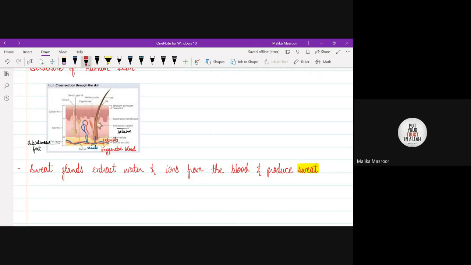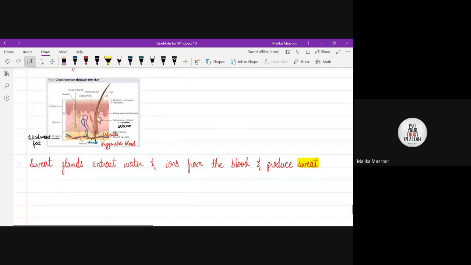This sweat travels up the sweat duct to the skin surface and is released through a pore. And underneath all the structures, there is a layer of fat, like I told you.